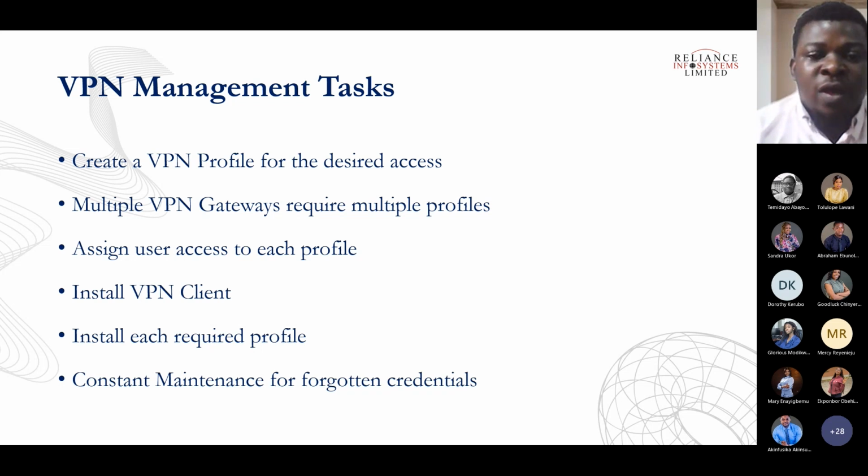A VPN doesn't go beyond that; it won't do a continuous check or verification of your device, so you have access to the entire network. But ZTNA will not allow that. It keeps a continuous check, and apart from validating the user, it validates the device, then gives you access to a specific application or resource, not the entire network.